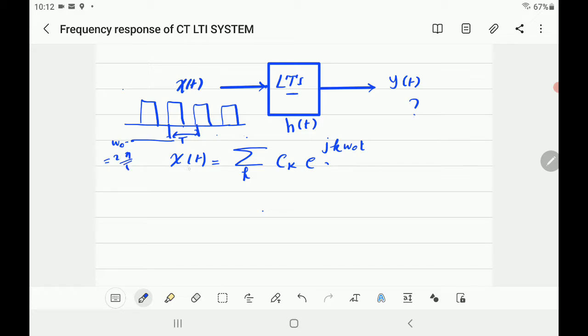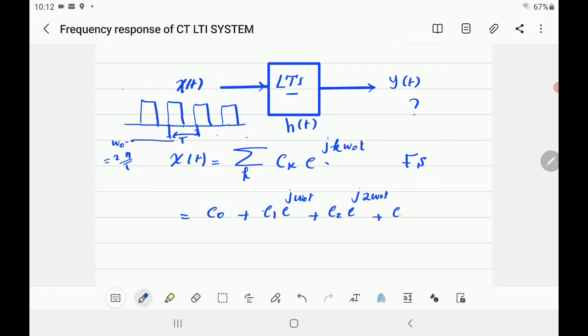That's the input x of t. So using Fourier series, the input can be expressed as a series. Let's expand this: C0 plus C1 e to the power of j omega naught t, plus the second one, C2 e to the power of j 2 omega naught t.